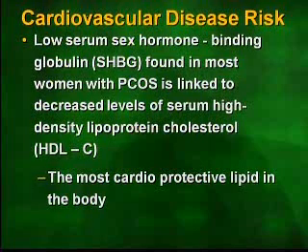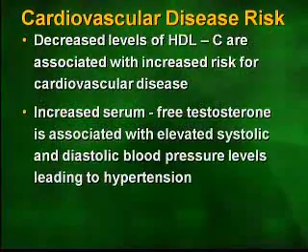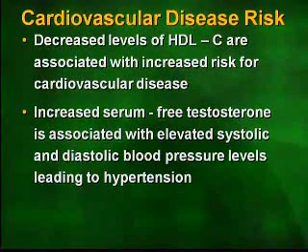And so when the HDL levels are low, patients are more at risk for cardiovascular disease. So they have the decreased HDL, and they have the increased free testosterone levels, which can be associated with the systolic and diastolic blood pressure levels, and that also leads to hypertension.